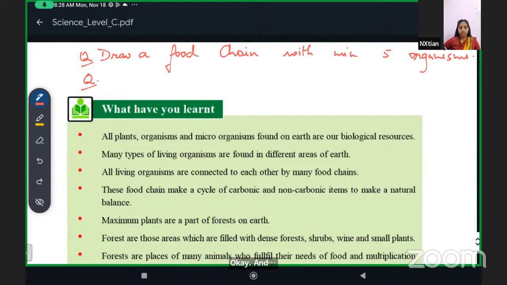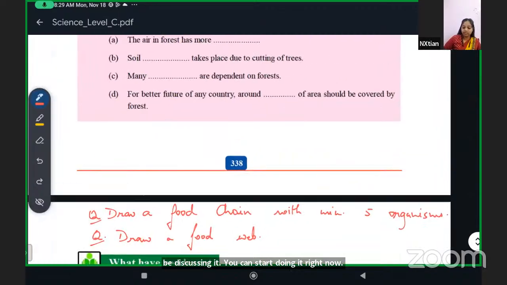Do it right now, and then we'll be discussing. Draw a food web. I have explained to you all what a food web is. So make a food chain with a minimum of 5 organisms, and then make a food web, and then we'll be discussing it. You can start doing it right now. We have to do both right now, ma'am? Yes, both.